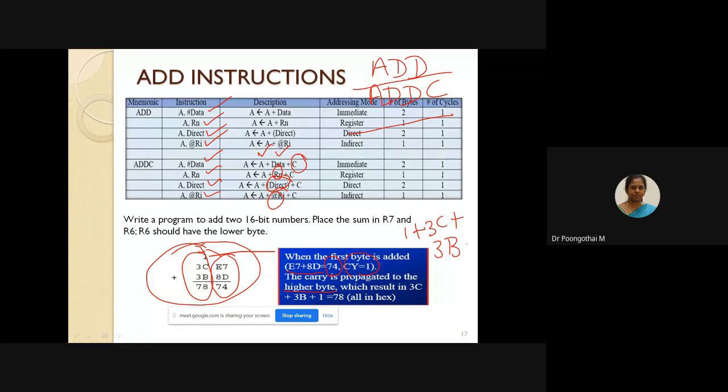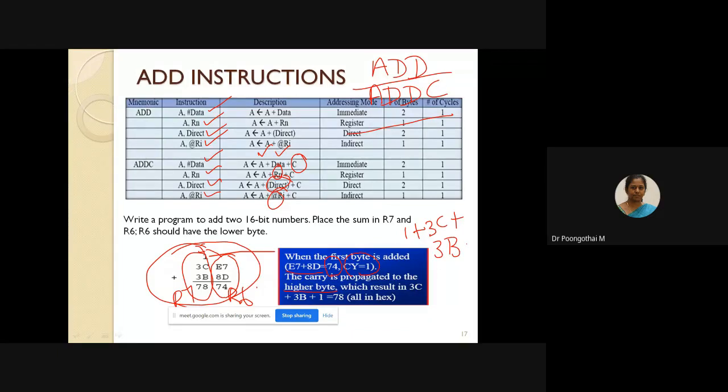So take this example and write a program for this particular example. Please note down this: write a program to add two 16-bit numbers. After the addition, place the sum in R7 and R6. R6 should have the lower byte, R7 should have the higher byte.